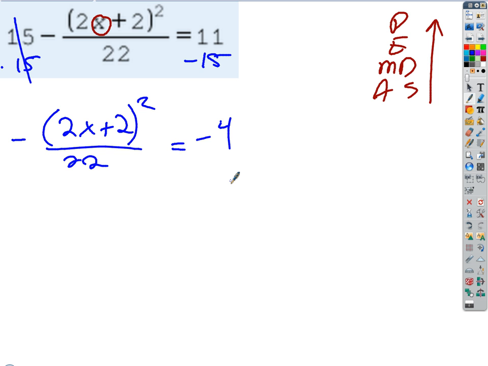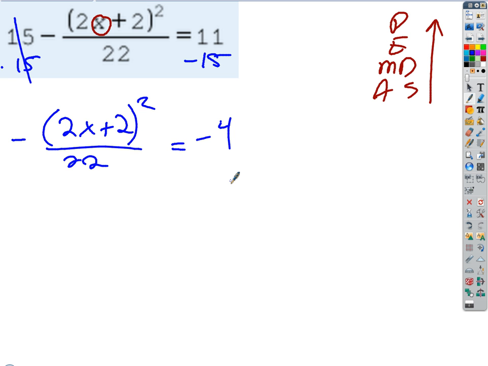What about that negative sign out front? Okay, I could divide both sides by -1 or multiply both sides by -1, either or, to get rid of that. How can I do that in one step? Instead of multiplying by 22, what could I do? Multiply by -22. Sure, I could just multiply by -22 also, right?